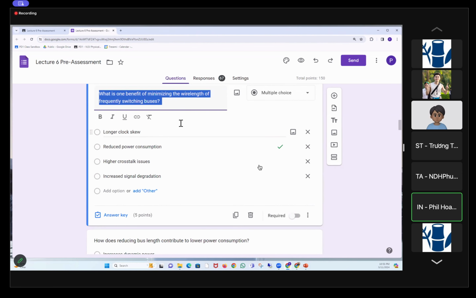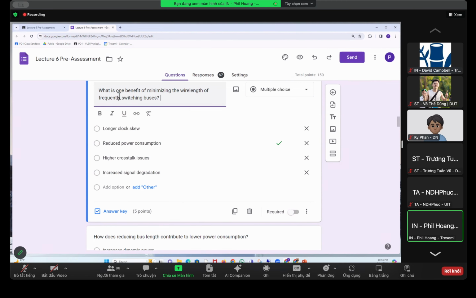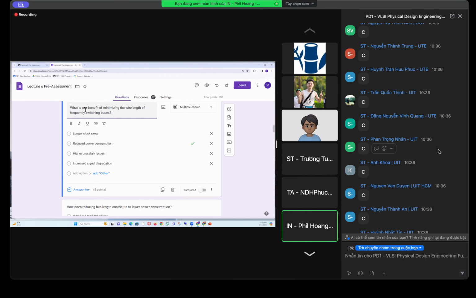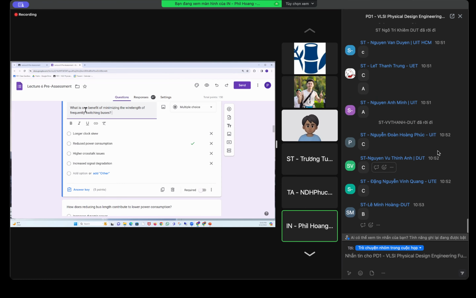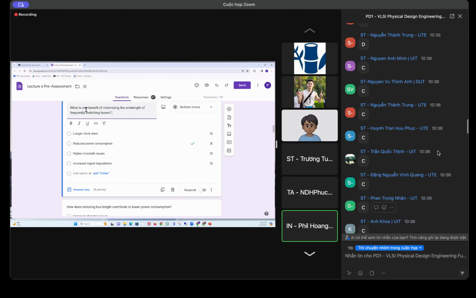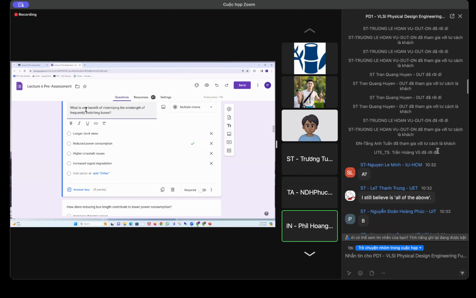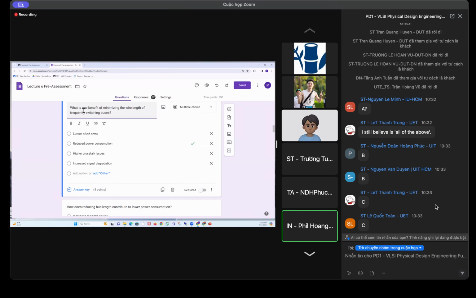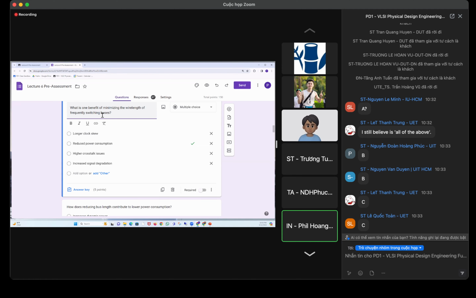Reduced power consumption, because when you switch the bus very often, the longer the bus, the more RC, so the more power. So if you want to save power by making those buses shorter at the expense of some other buses, then you still gain because these buses switch more often than other buses.